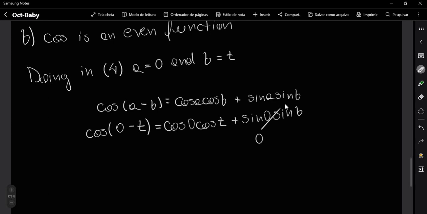And cosine of 0 is equal 1, so this term will become cosine of t. And this is cosine of minus t. And this is not an odd function.